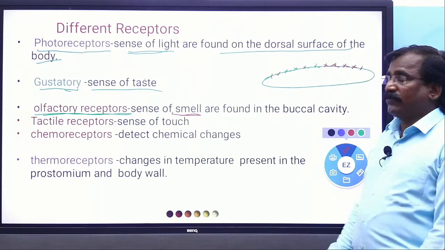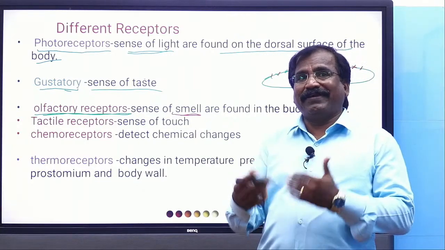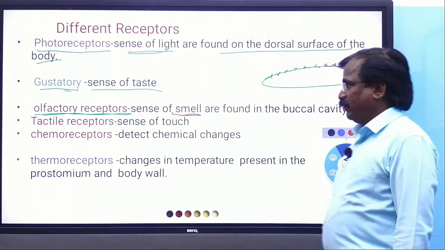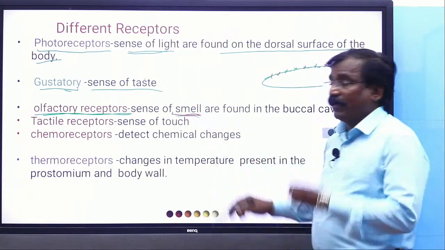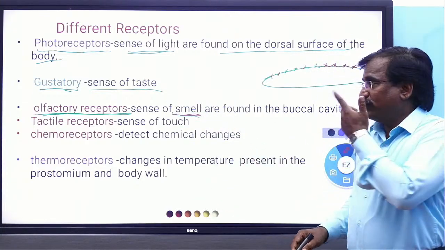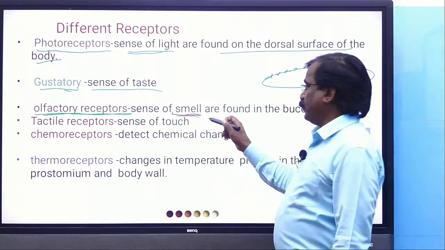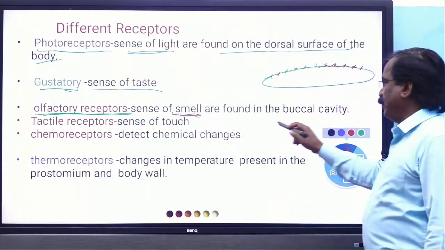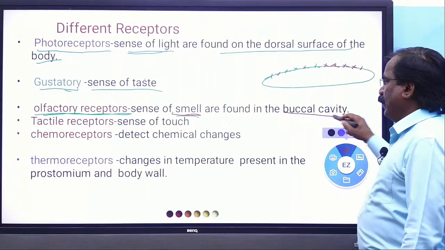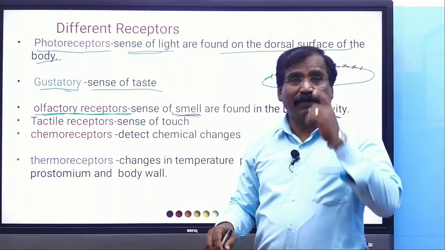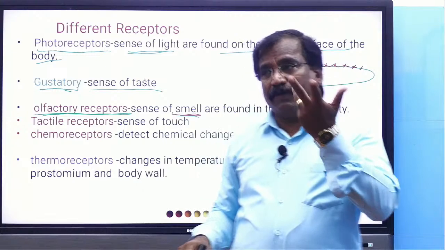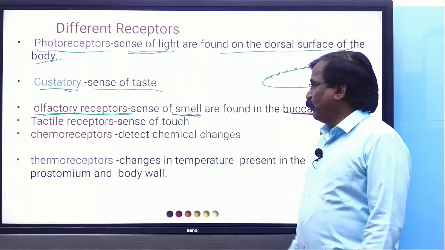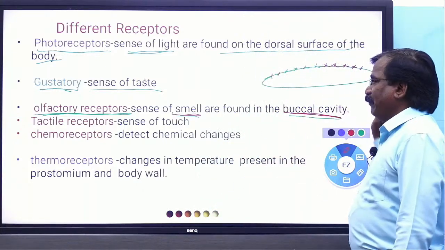The olfactory receptors are responsible for the sense of smell. We have a nose, but the earthworm has no nose. That's why they are located in the buccal cavity.